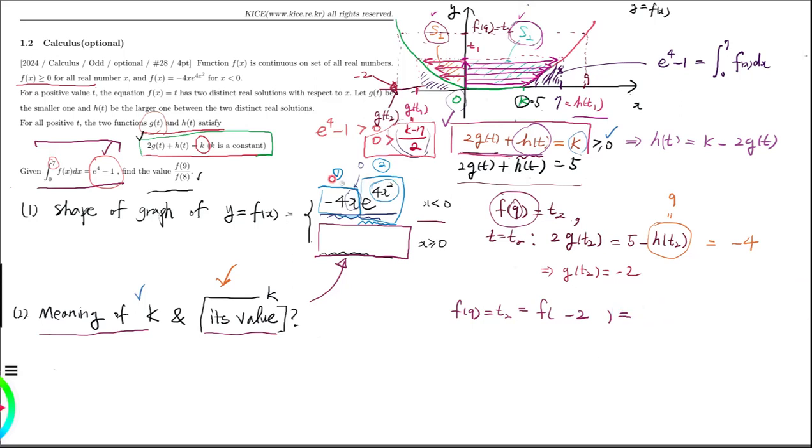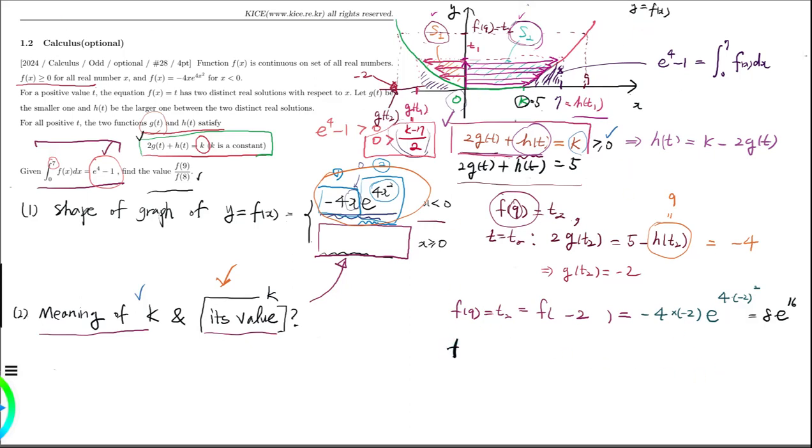And since we know the specific formula for the negative domain here, we can figure it out. Negative 4 times negative 2 times e to the 4 times negative 2 squared here, which will be 8 times e to the 16th power here.